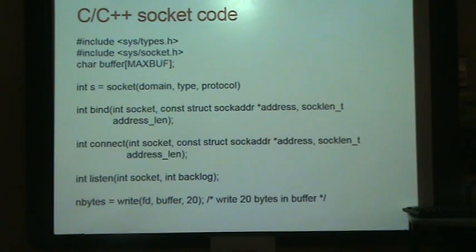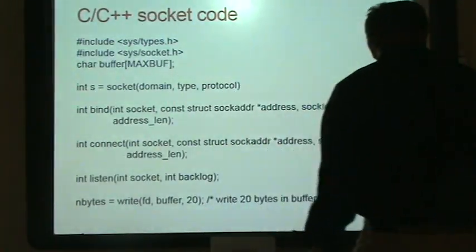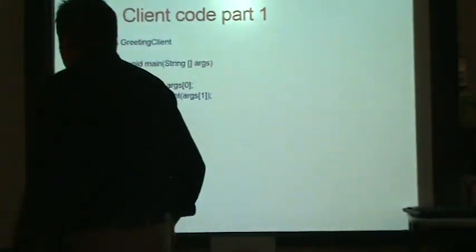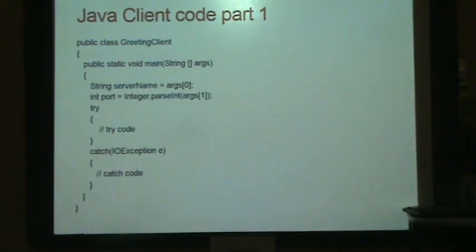Connect would be on the client side and listen would be on the server side, so kind of mixing the two together. And then we're writing data, and the writing could be client or server side. Again, this isn't a coding lecture, I was just giving examples of code.